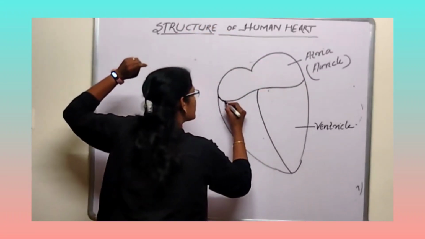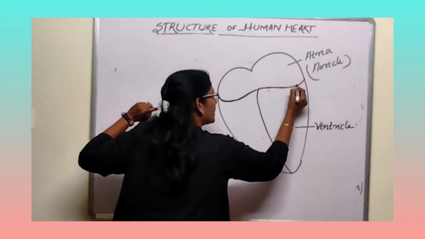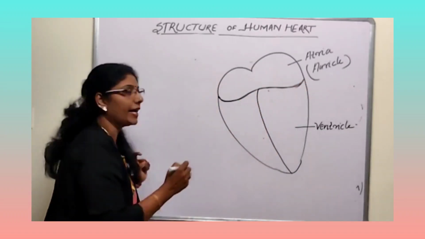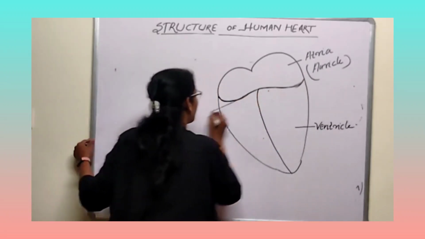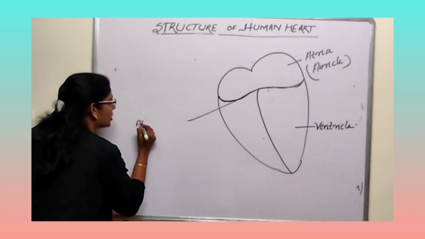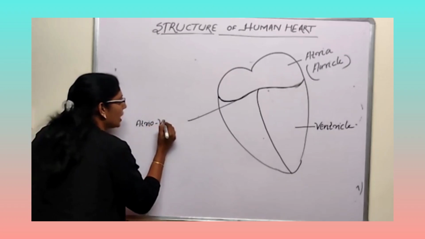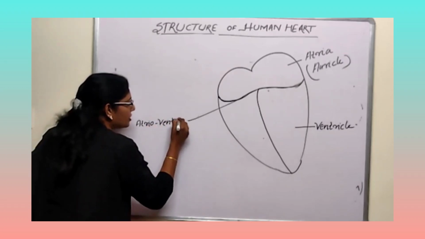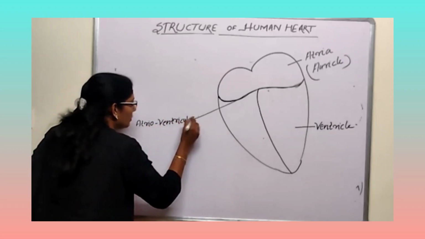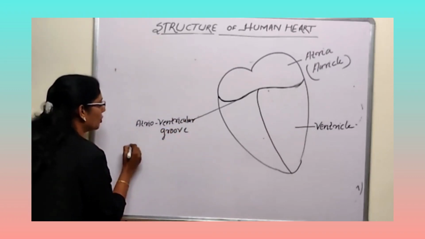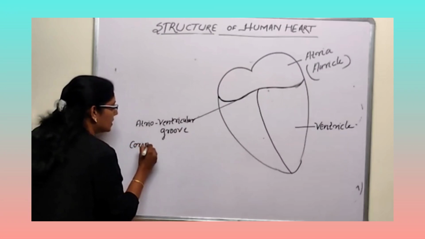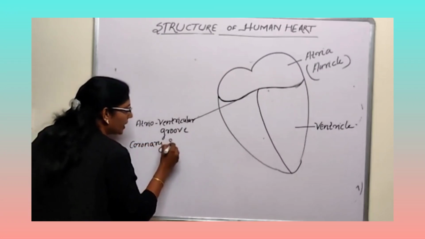See, this is the transverse groove, one depression-like structure. This groove is called the atrioventricular groove, or it is also known as the coronary sulcus.